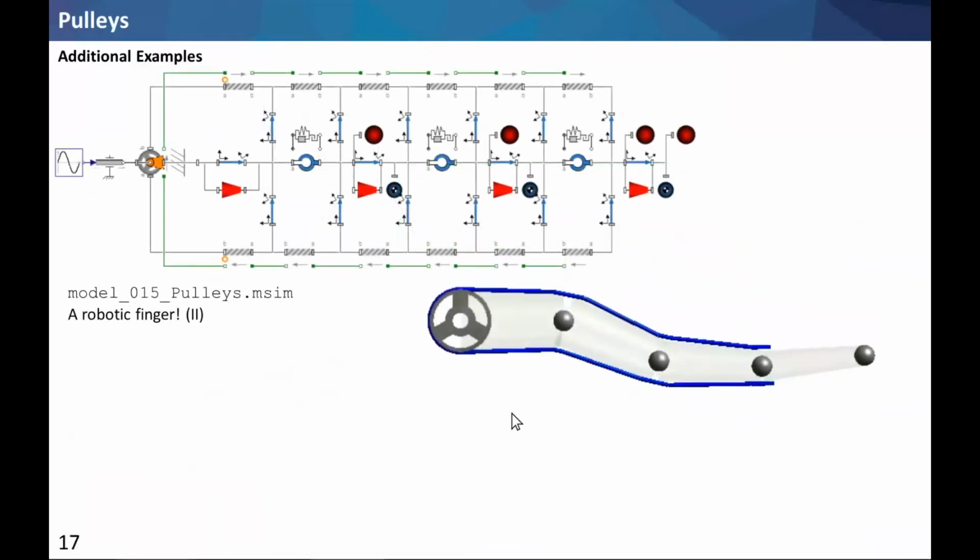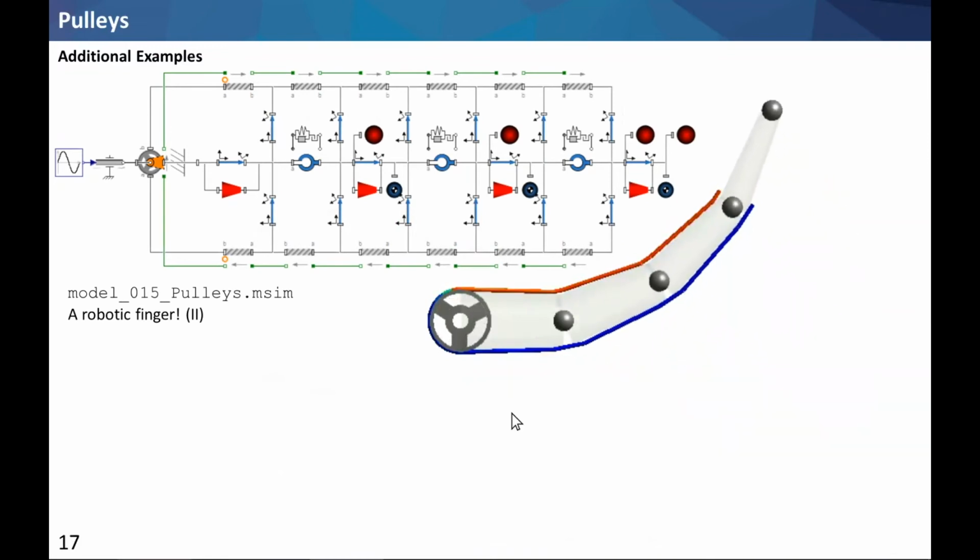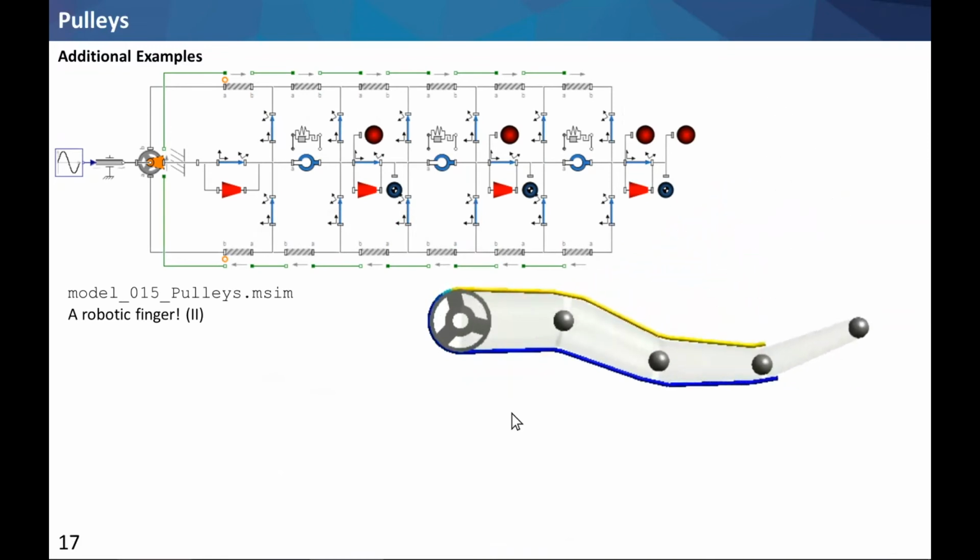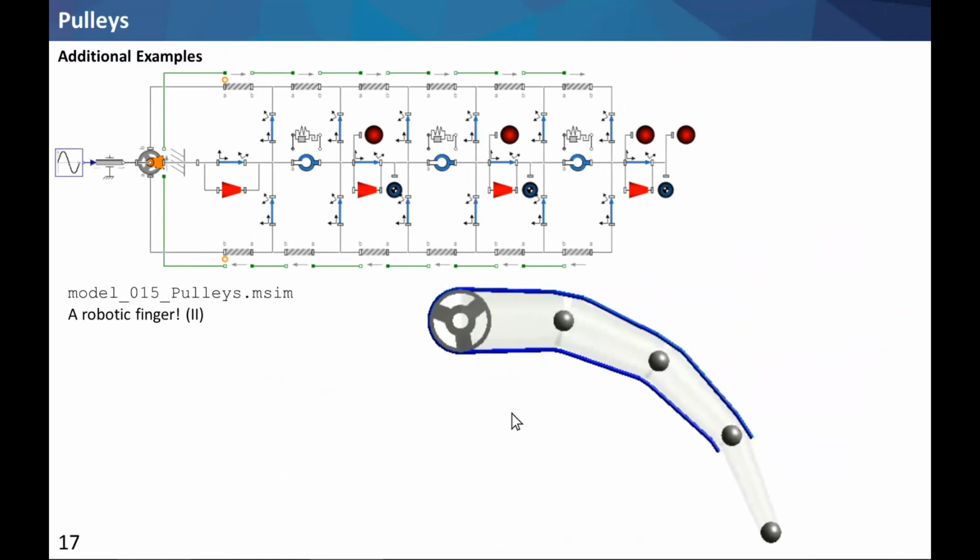Yeah, so we have one more here. I said that we would come back to the robotic finger. In the previous version of this that we saw, we grabbed the endpoint of the ropes and moved them directly by applying 1D motion.